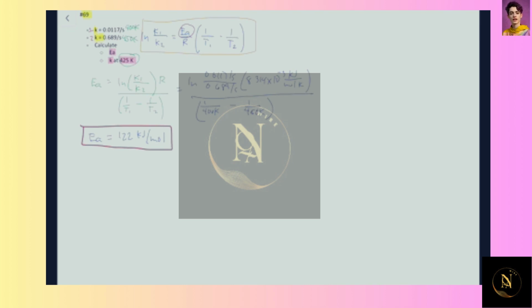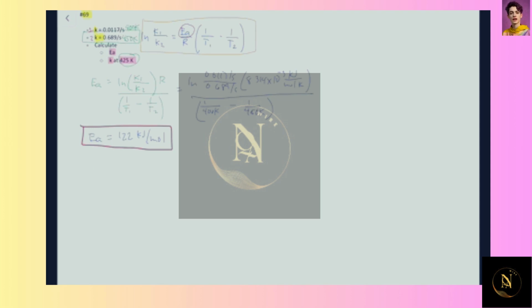For part B, I'm just going to choose this K2 as the given information, so you'll see what I mean as we go.